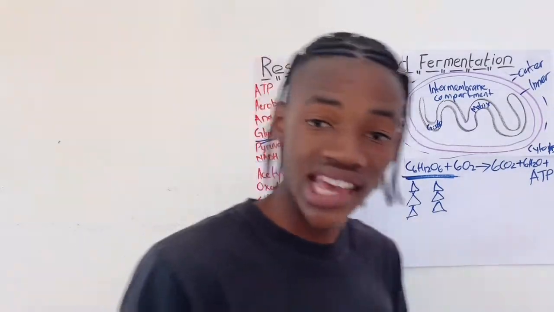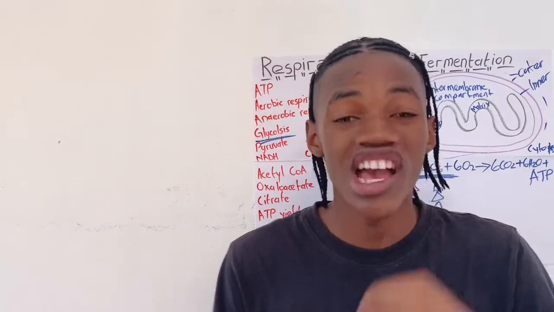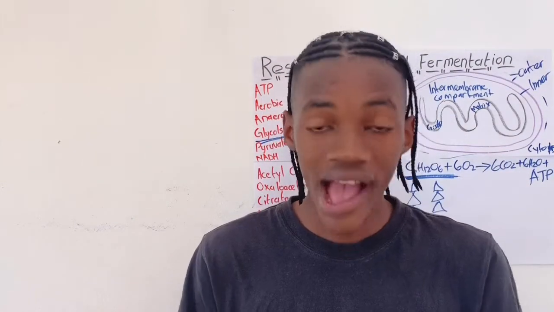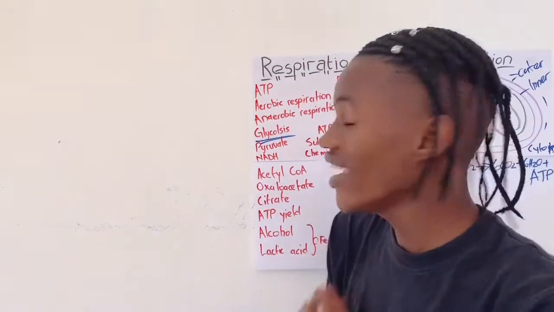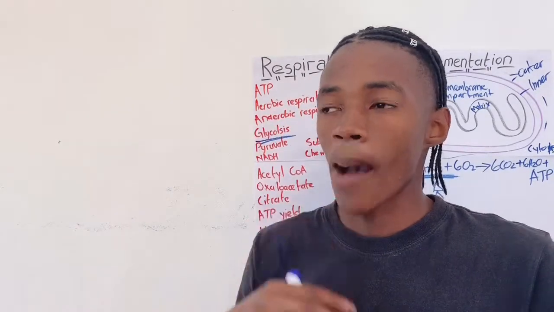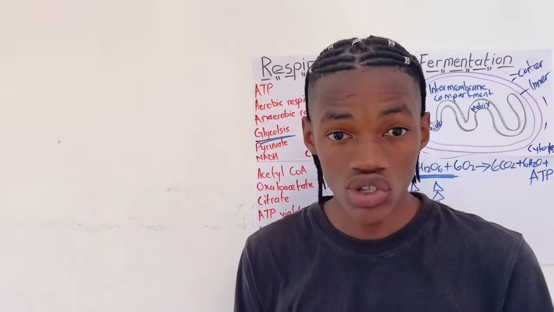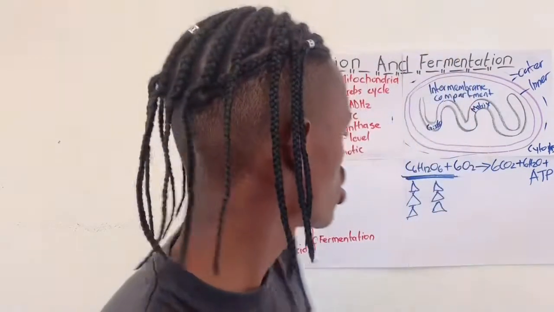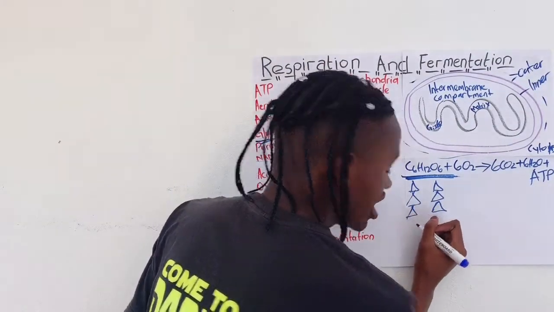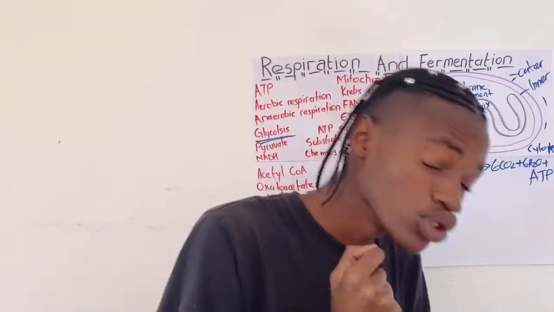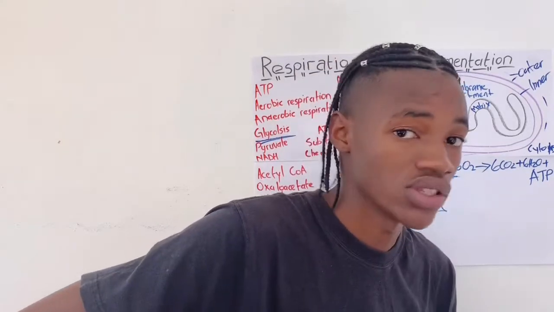And then when the whole process is done, glycolysis produces 4 ATP molecules and 2 NADH molecules. NADH molecules are molecules that carry energized electrons. So glycolysis produces 4 molecules of ATP, but remember that it used 2 molecules of ATP already.